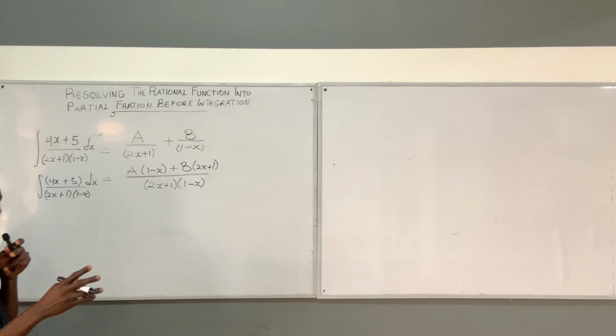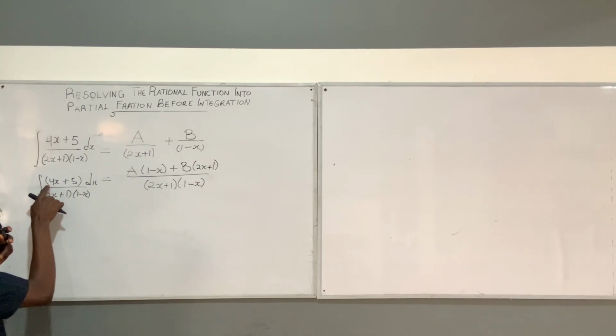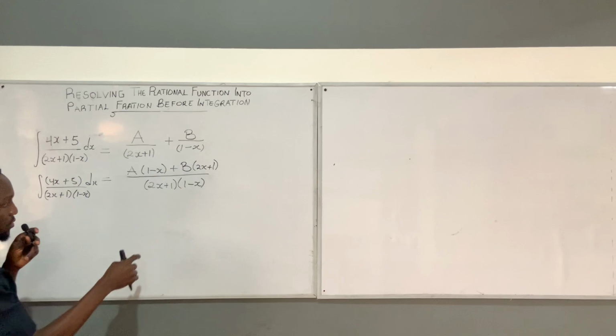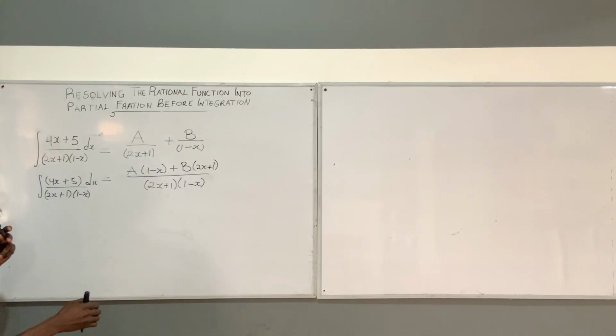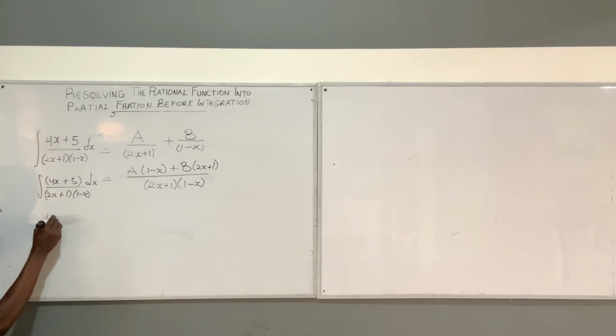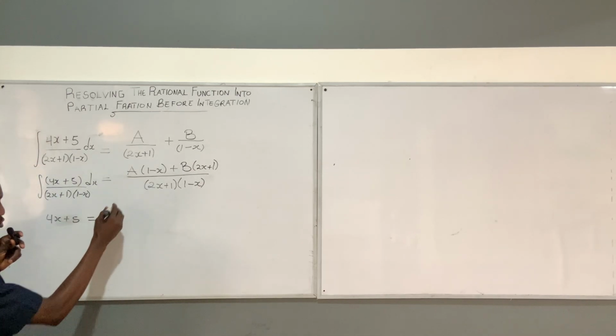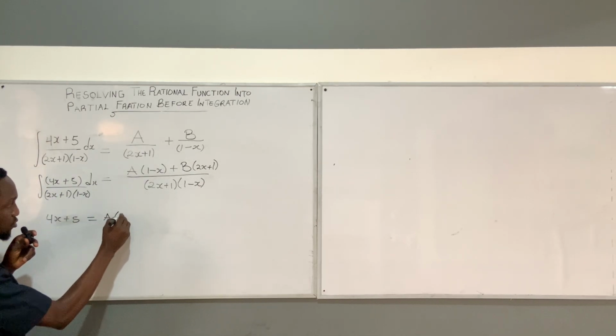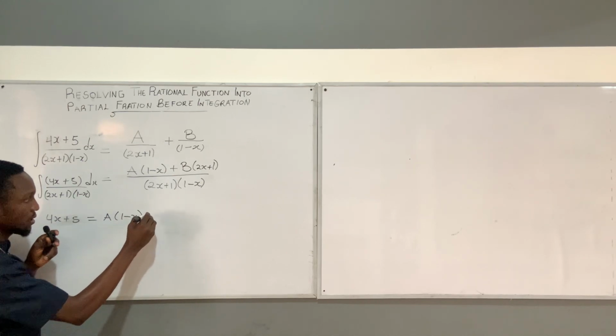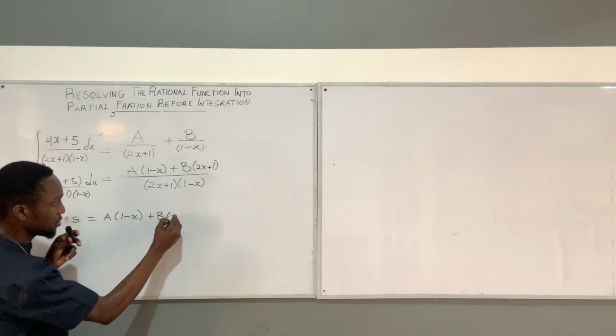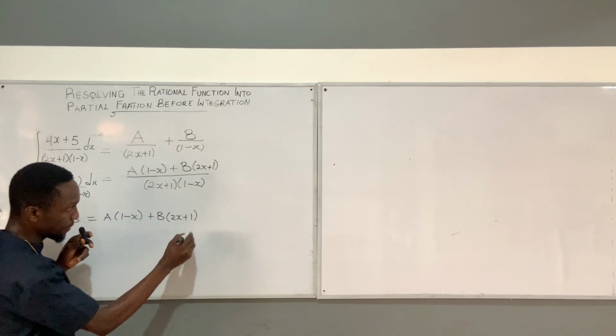So according to the rule of partial fractions, we have to equate the numerators. So equating the numerators, what are we having? We have 4x + 5 being equal to A(1 − x) + B(2x + 1).